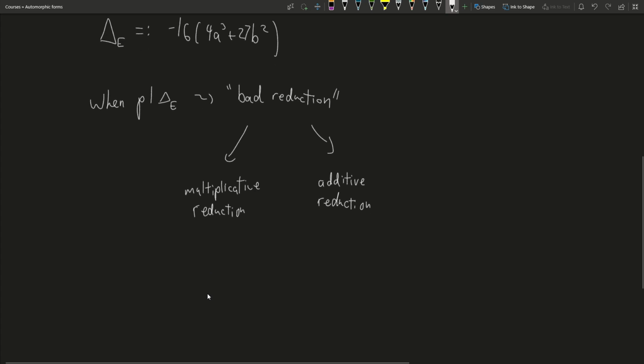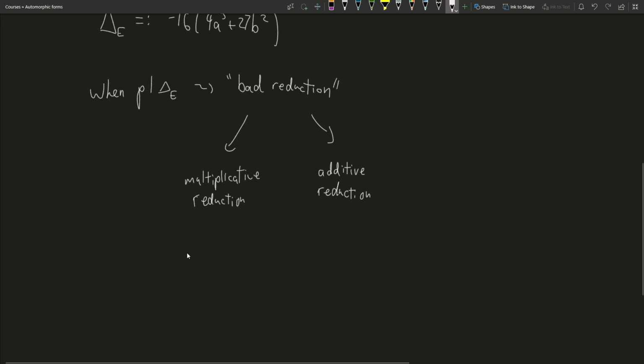Multiplicative reduction is when you reduce mod p and what you end up getting is a node, but not a cusp.